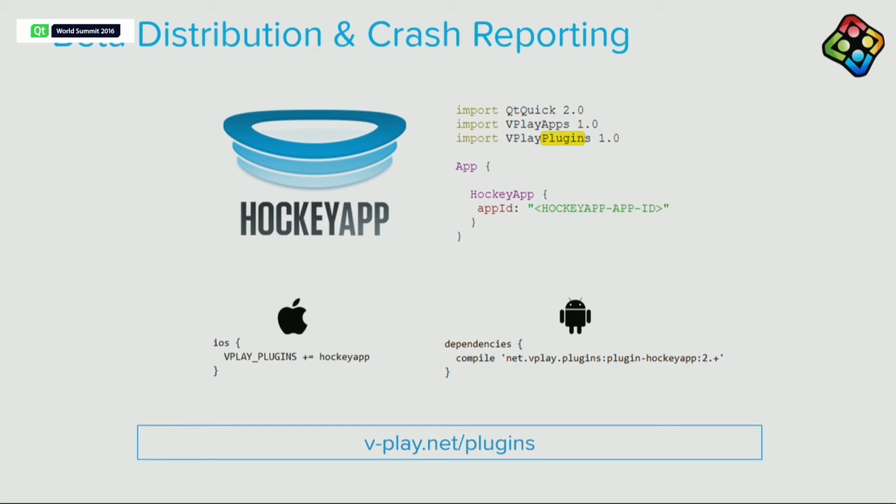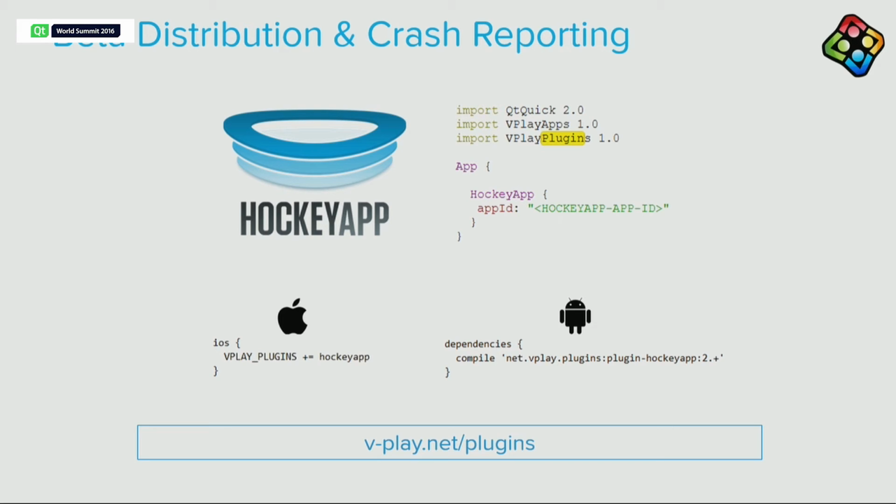What you then need to do is add the library on iOS, and on Android add it to the Gradle dependencies. But except for that, it's really a 10-minute step, and you have full integration of beta testing. What the HockeyApp plugin does is notify the users that there's a new beta version available, which they can then automatically download, and you don't have to push it to all the testers or devices manually.